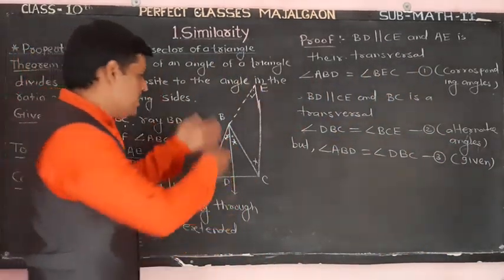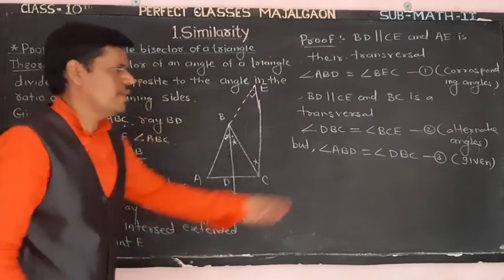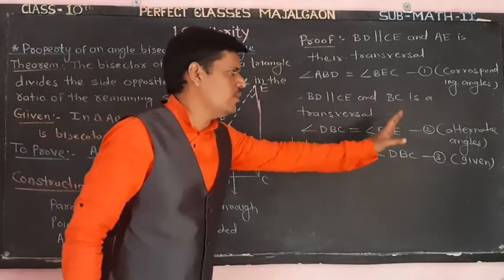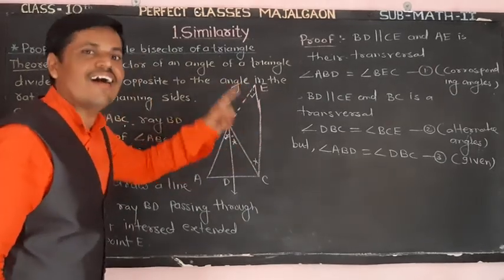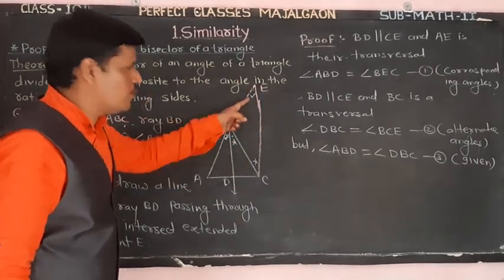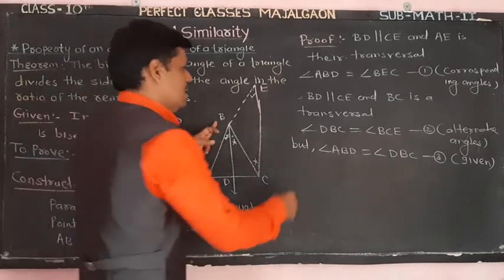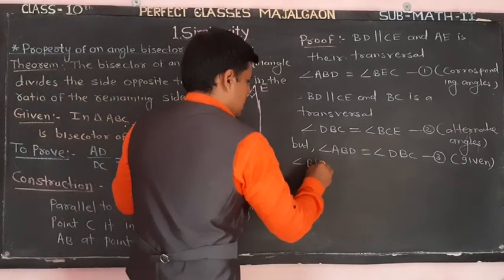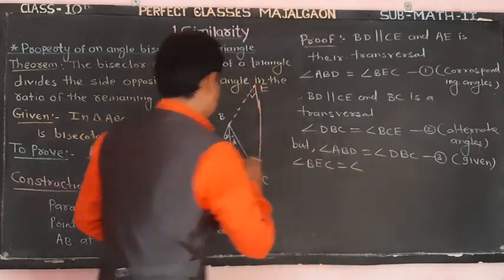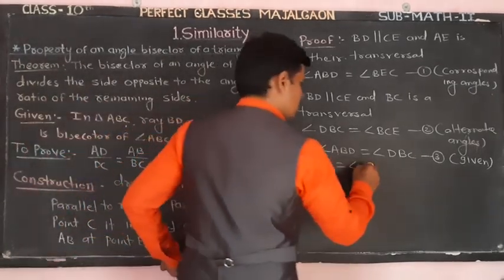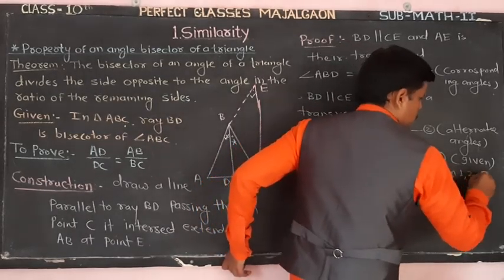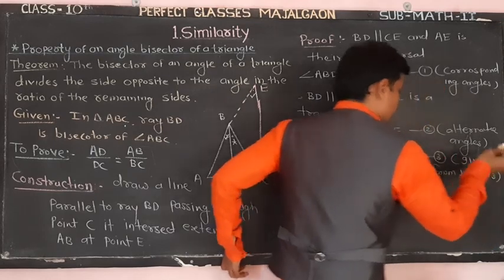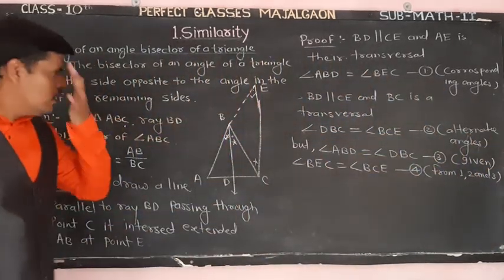It means that BD divides the angle into two equal parts. From equations 1, 2 and 3, we can say that the measures of these two angles are the same. Therefore we can write angle BEC equals angle BCE. Name it equation 4.